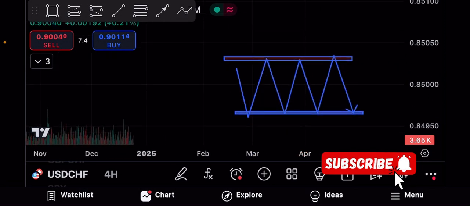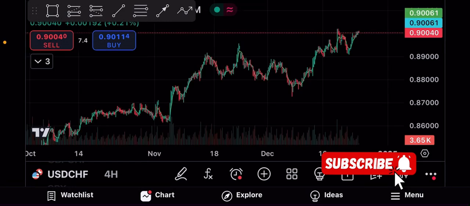So let's go to the chart so that I'll show you how to identify your support and resistance. Okay, so this is how you identify your support and resistance on the chart.